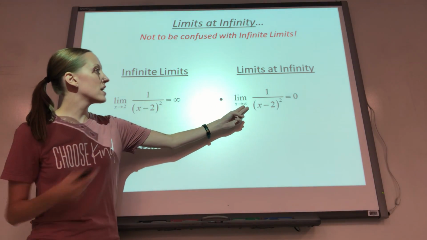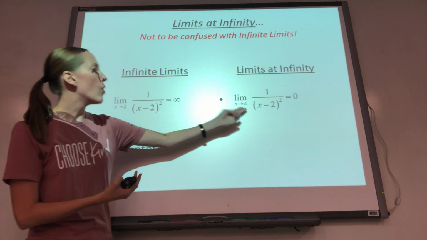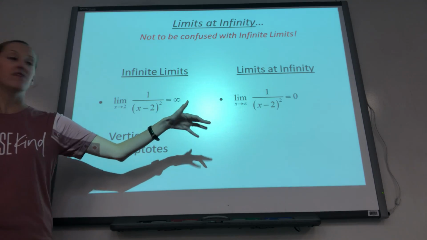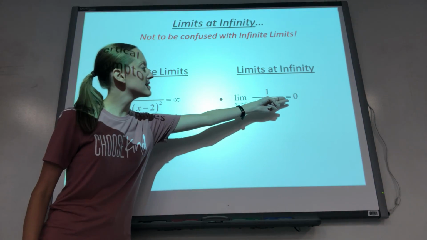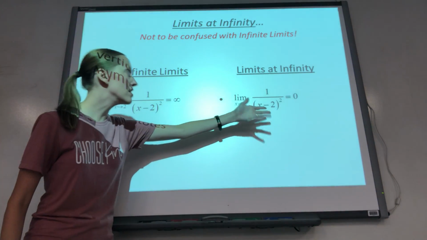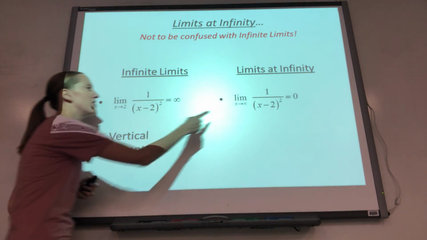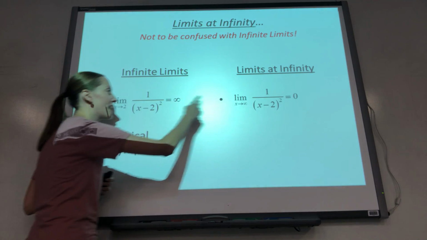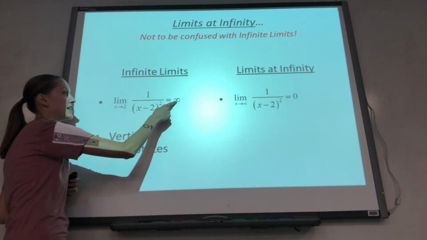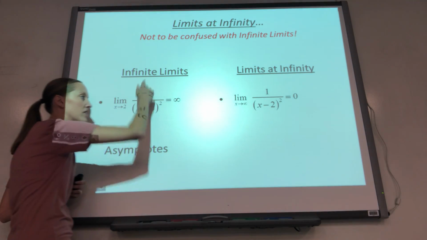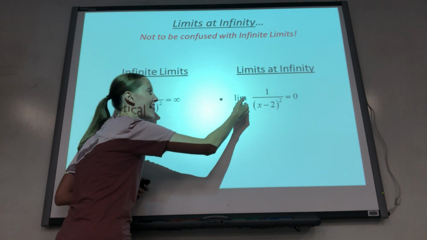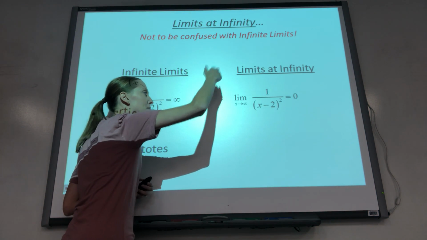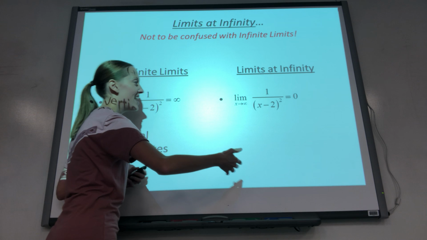So you're either approaching positive infinity or you're approaching negative infinity. It doesn't necessarily mean that your answer is one of the infinities. This is just the direction you are approaching. Okay, so that's the difference. Answer is infinity, it's an infinite limit. If you're approaching an infinity, it's a limit at infinity.